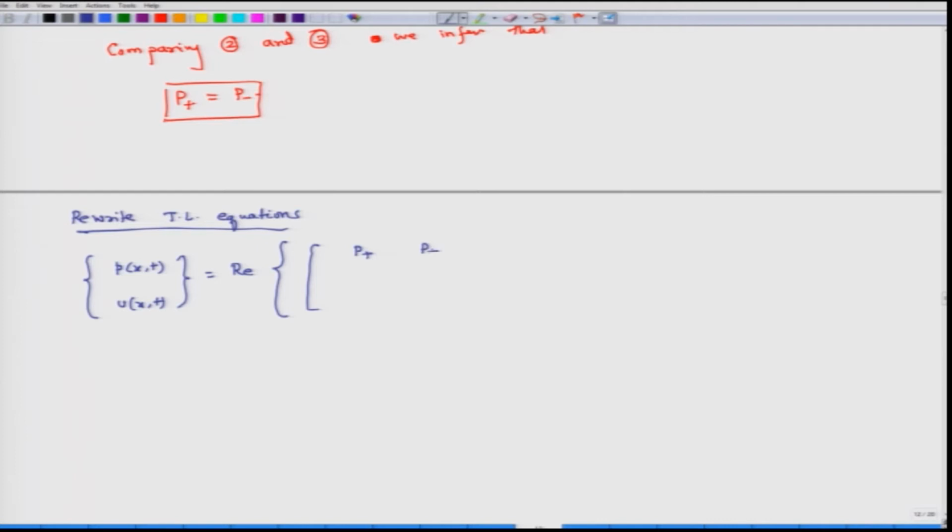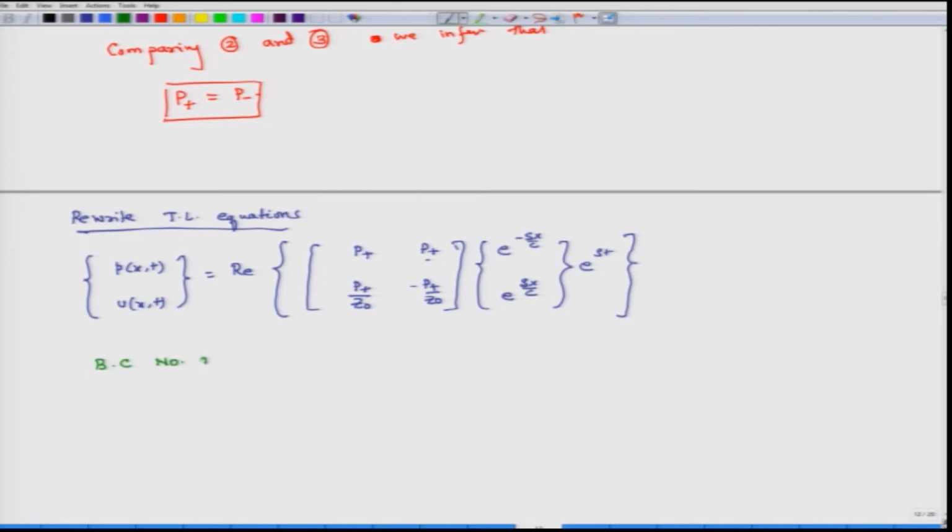So, it gets replaced by P plus by Z naught and minus P plus by Z naught, and then it is e to the power of minus s x over c, e to the power of s x over c, e to the power of s t. So, now we have eliminated P minus, we still have to figure out the value of P plus and S. Now we look at the first boundary condition.